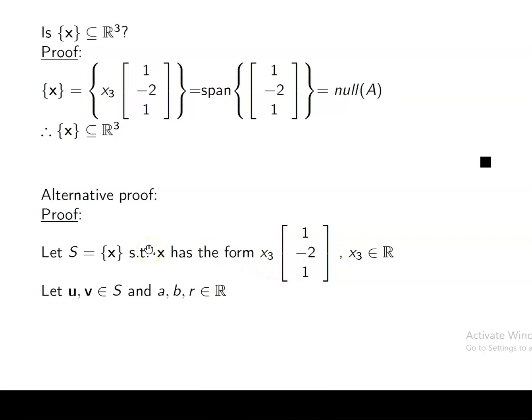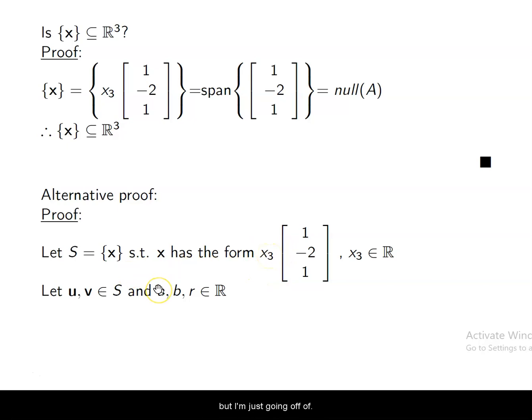But honestly, if I was doing this myself to turn something in, or at a higher level, I would not include this x3, and I would not expect you to include this scalar here. If I'm showing that something is a subspace, I can say S is the span of this thing, and then I wouldn't need to include this scalar at all.